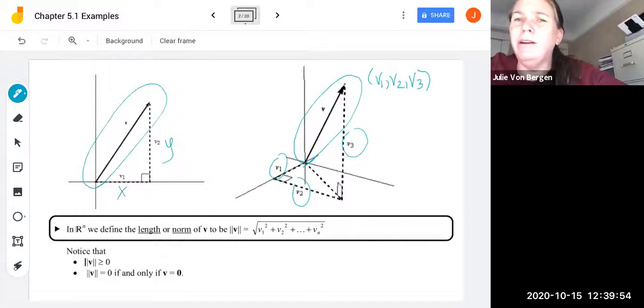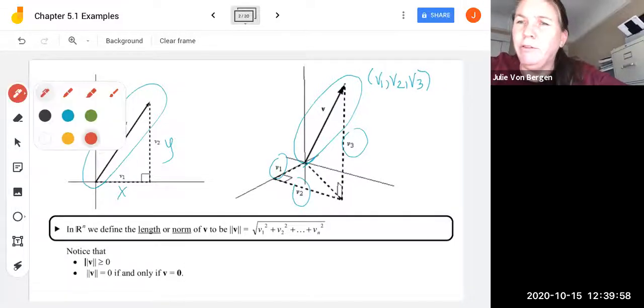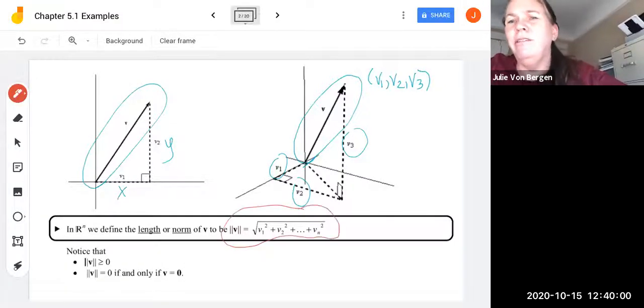Okay, so in Rn, we are going to define the length, or the norm, of v to be this formula in n dimensions. The norm, which will be v with 2 bars on the side, equals the square root of the squares of each component through the nth component added together and then square rooted. Important things to notice: because we're squaring, everything is positive now.